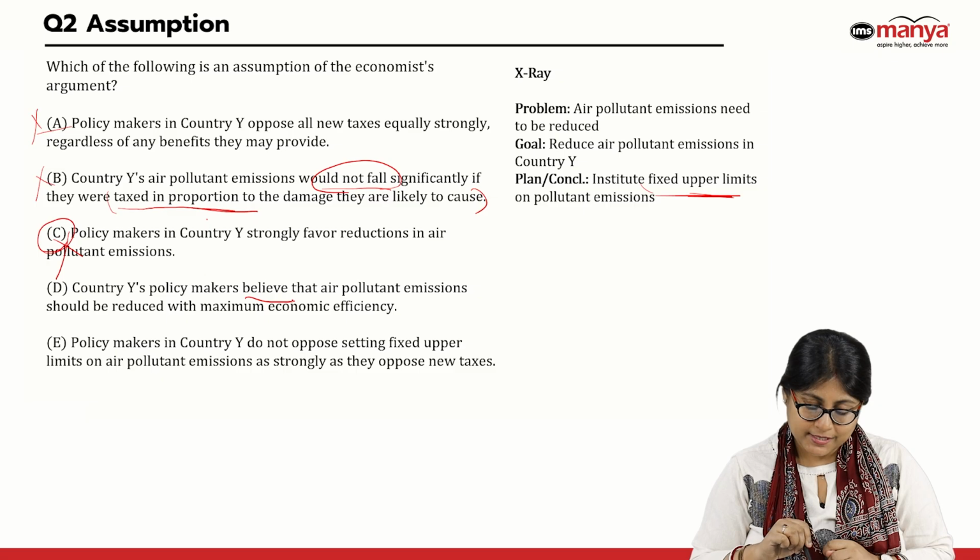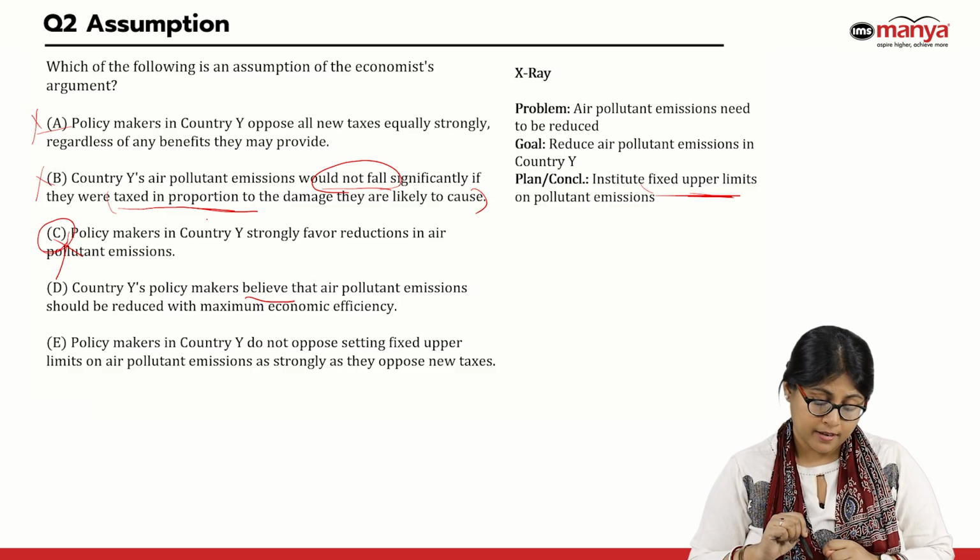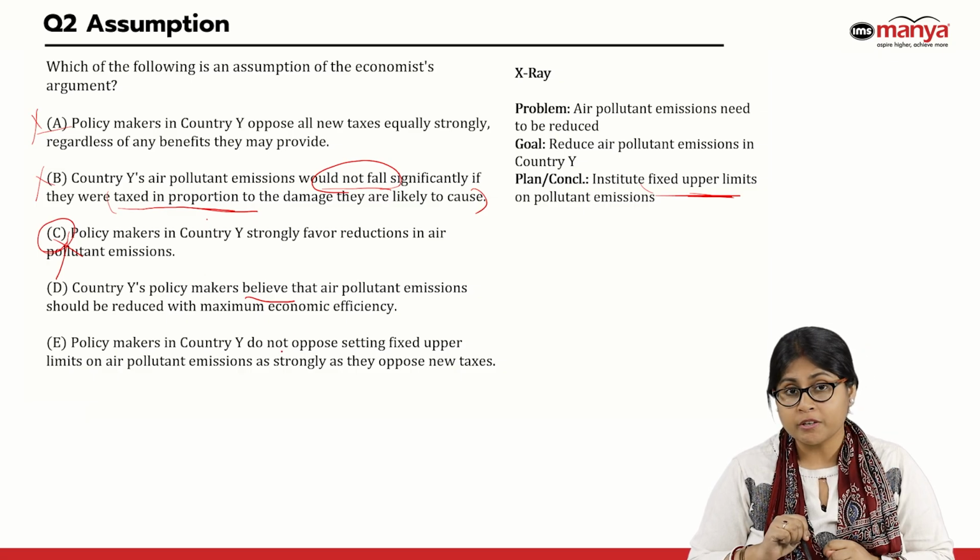Now let's look at option D. Country-wise policymakers believe that air pollutant emissions should be reduced with maximum economic efficiency. Fair enough. They're saying that they believe air pollutant emissions should be reduced with maximum economic efficiency.